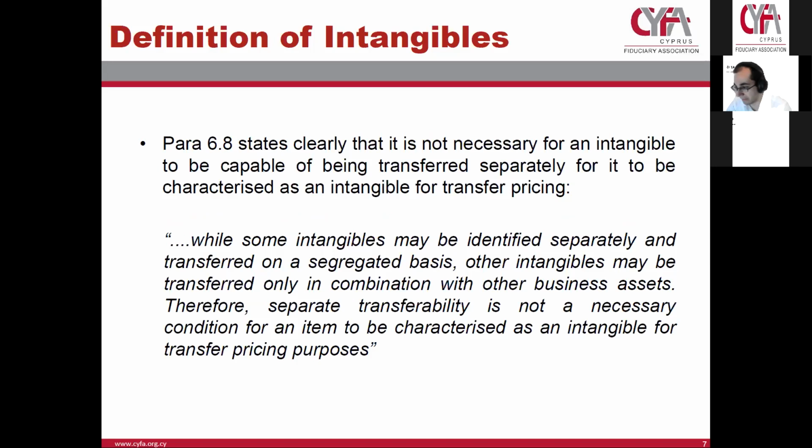They may be embedded in other assets, other services, other sorts of transactions. They may be transferred between group parties. And so it's extremely difficult to identify some of these intangibles in the context of a complex value chain.